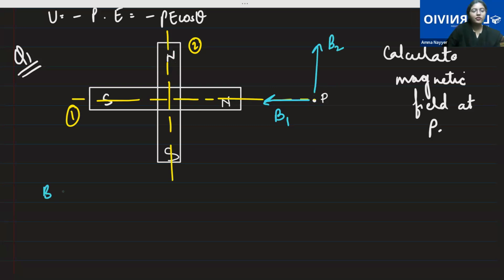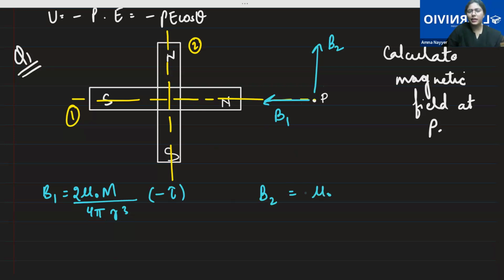Now see the value of B1. B1 is axial. So it will be mu naught M by 4 pi R cube into 2, that is 2 K M by R cube. And the direction of this is minus i cap. Okay. B2 will be, see, this is equatorial.